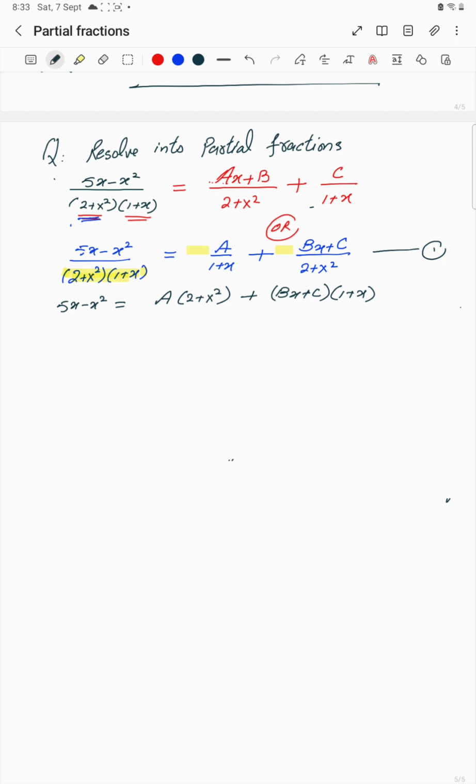Now, if this is equation 1, for such cases with an unfactorizable quadratic term, we need to expand the expressions. After simplifying this, we get 5x minus x squared equal to 2a plus ax squared plus, now bx will multiply with this entire term, we get bx plus bx squared. When c multiplies the entire term, we get plus c plus cx.